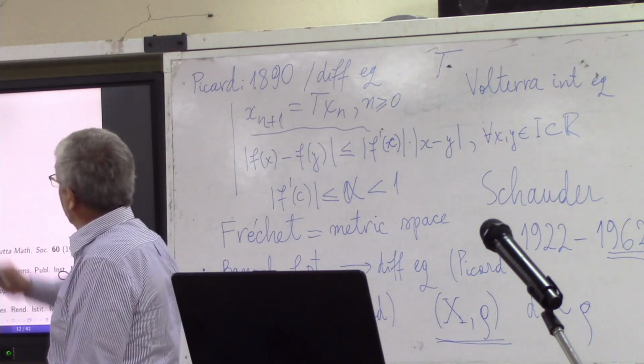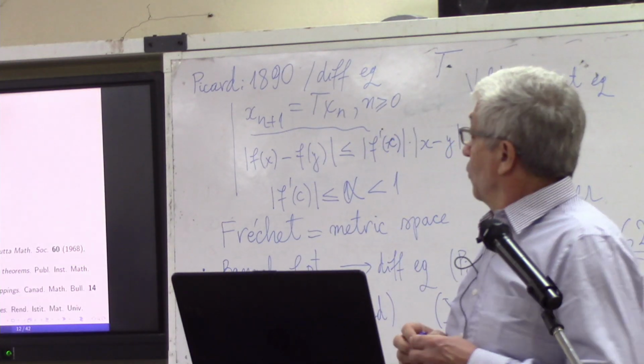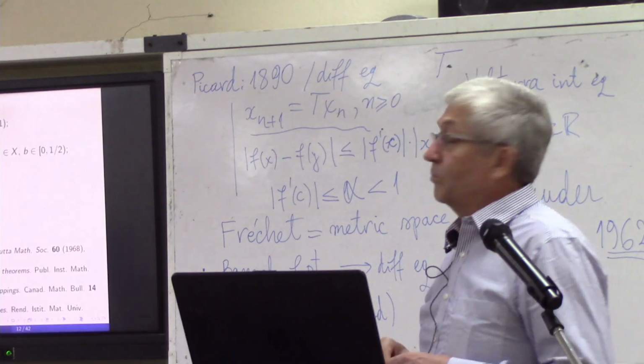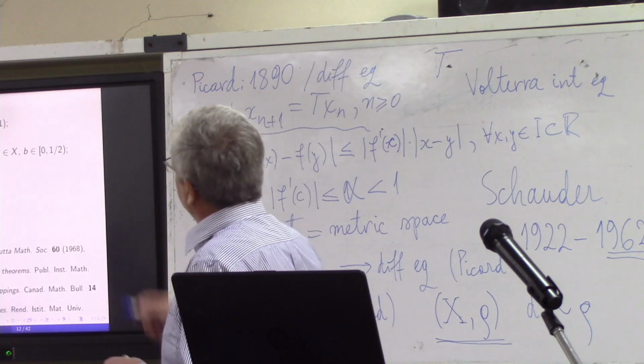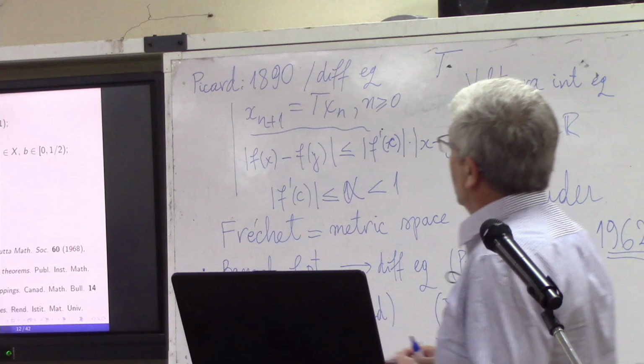There is an Indian mathematician, Kannan, who made the first important contribution regarding this. He considered what we now call the Kannan contraction condition.